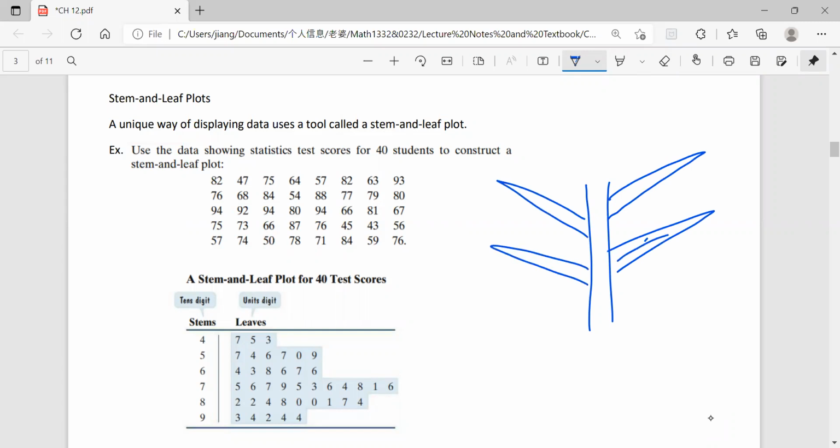For example, these are leaves. My bad drawing.